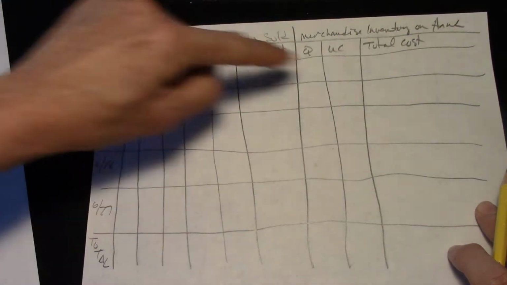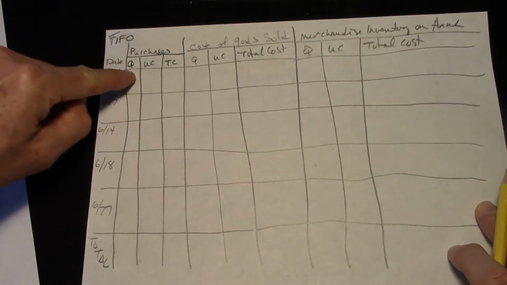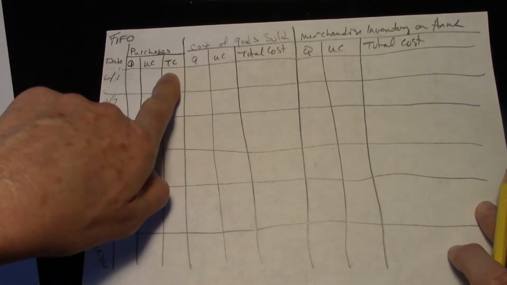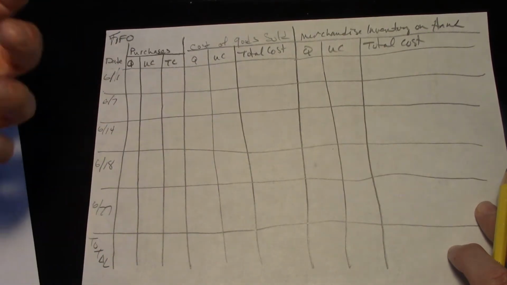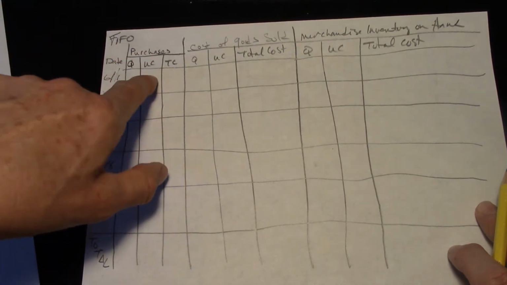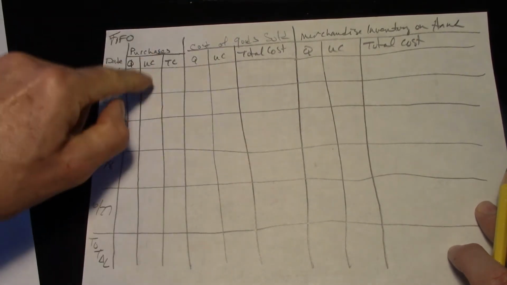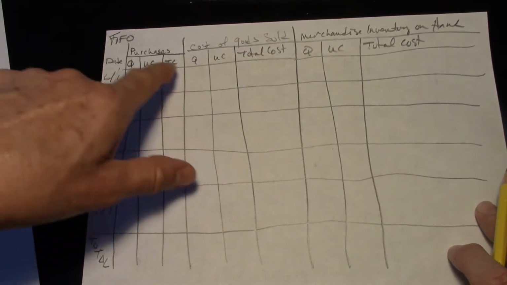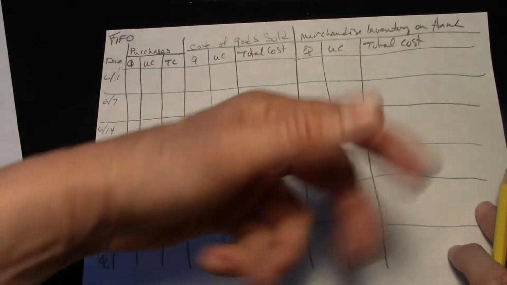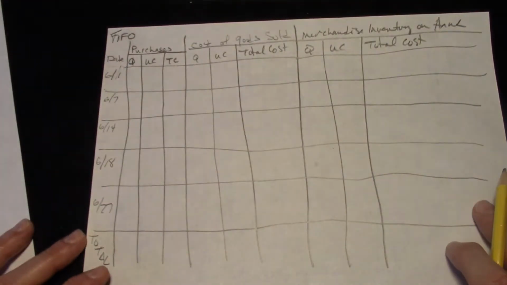Each of these main categories has sub-columns: quantity, unit cost, and total cost. Quantity is the number of units being purchased or sold. Unit cost is how much it cost, not the price we sell it for. And then the total cost, quantity times unit cost equals total cost.